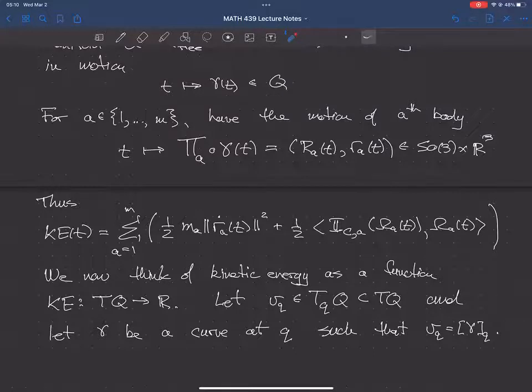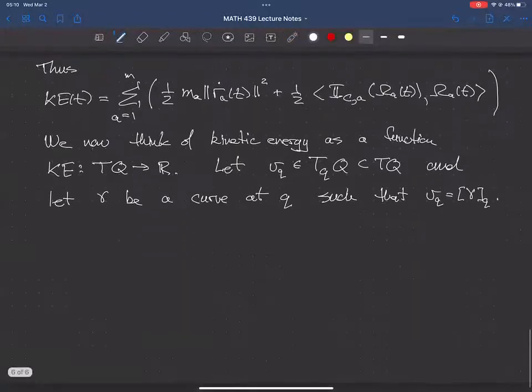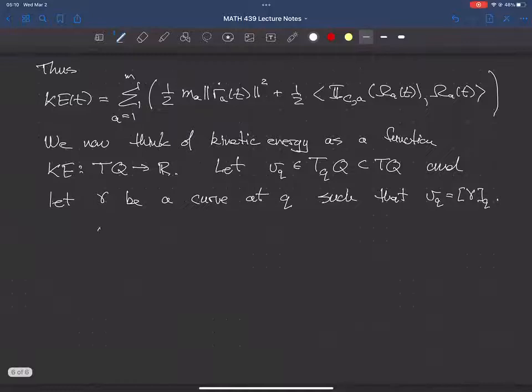I'm basically just going to take all of this stuff and evaluate it at t equals 0, and that's going to give me the kinetic energy at VQ. So the kinetic energy at VQ is the kinetic energy evaluated at t equals 0.